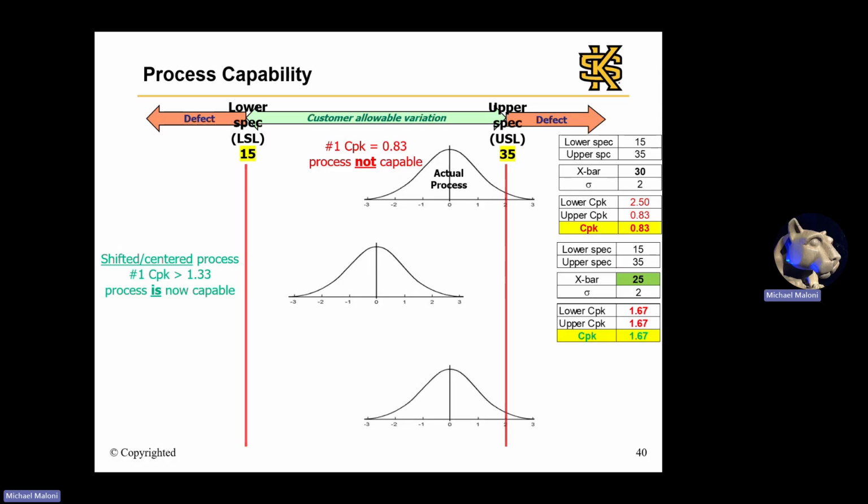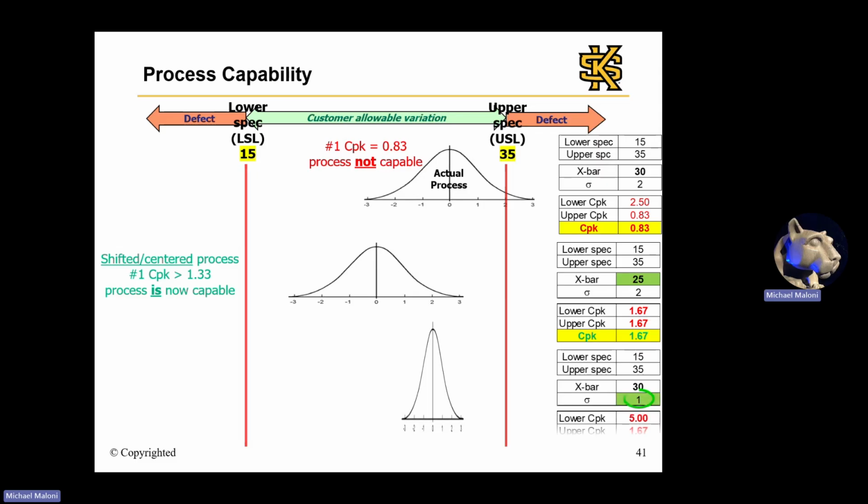Let's suppose that instead our Kaizen blitz doesn't shift the mean, but rather it reduces the variation of the process. And that will narrow the distribution. So the previous standard deviation was 2, and our Kaizen blitz reduced it to 1. The lower CPK is now 5, which is even better than it was before, and we've gained some cushion relative to the lower spec limit. So we're still very much greater than the 1.33 target there.